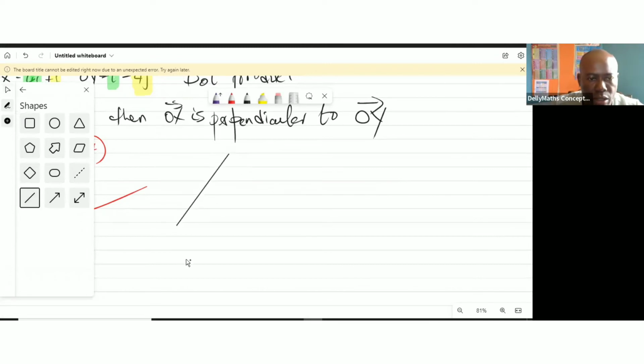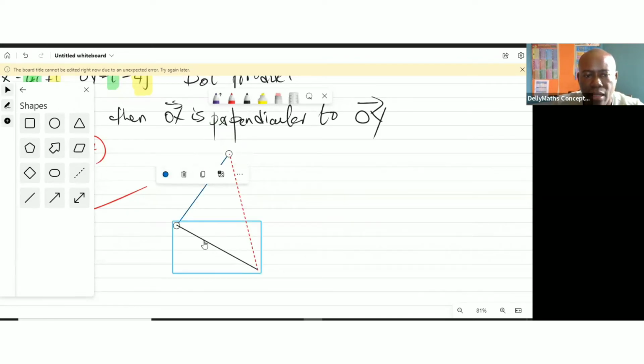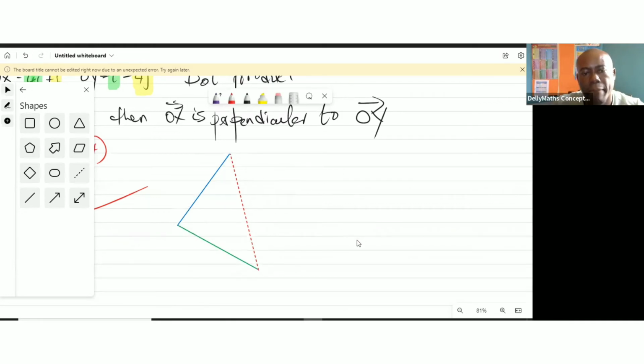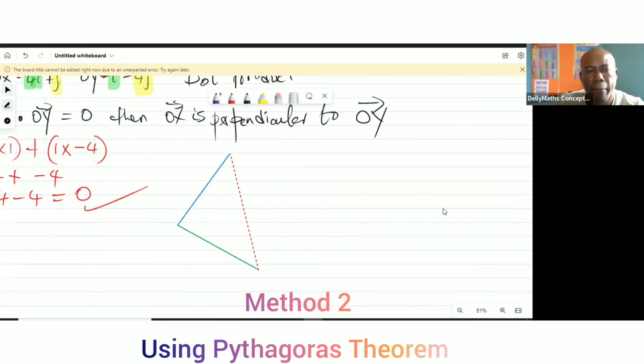So let us look at the idea here, from this angle, from that perspective.